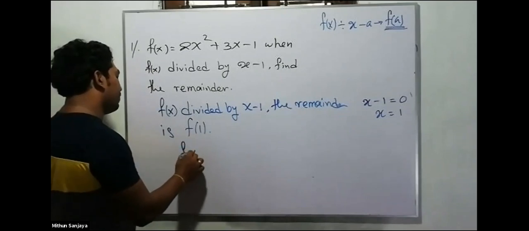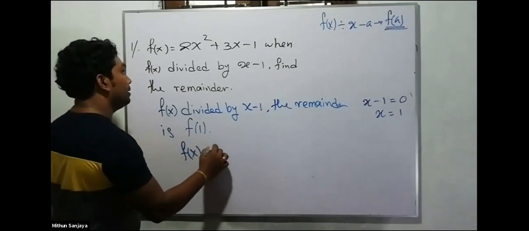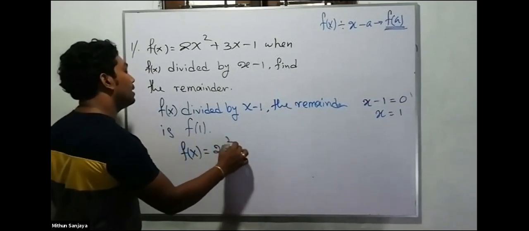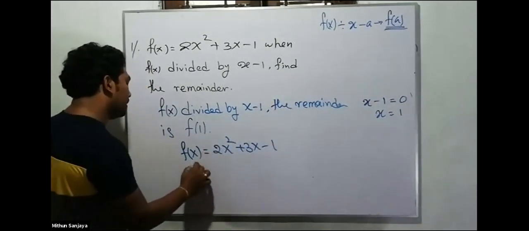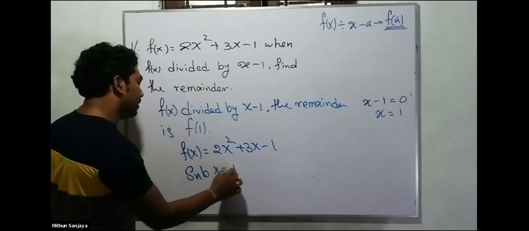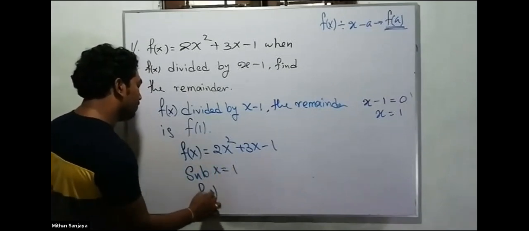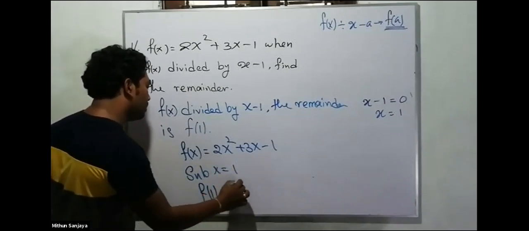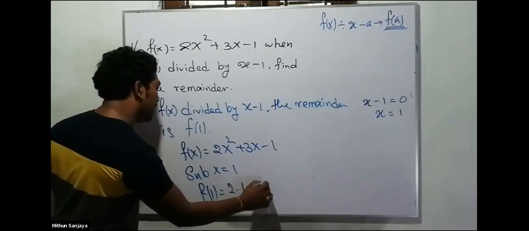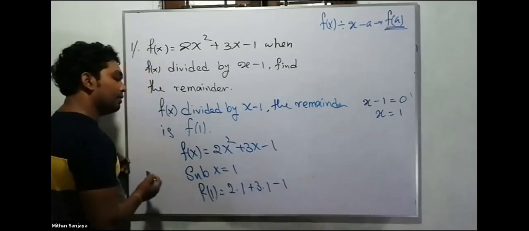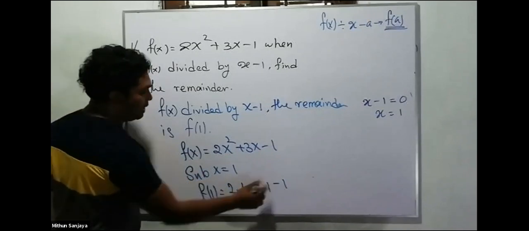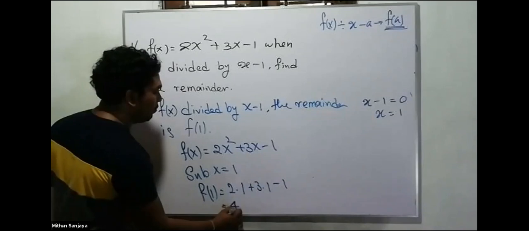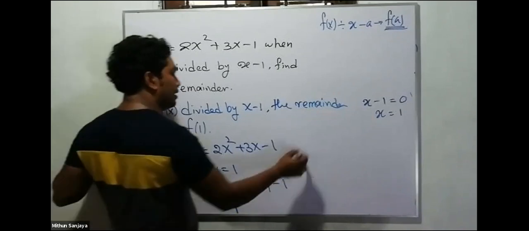We write f(x) is 2x squared plus 3x minus 1. Now we substitute x equals 1. Then f(1) equals 2 times 1 squared plus 3 times 1 minus 1. Here 2 plus 3 is 5, minus 1 is 4. It's 4.